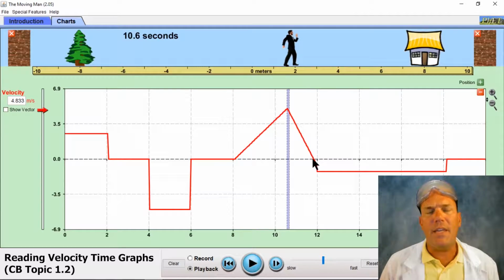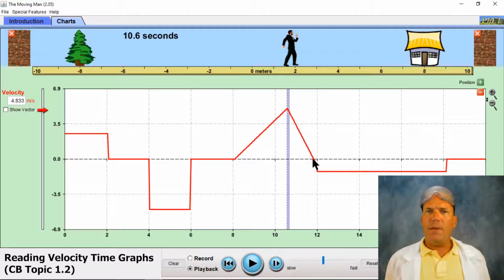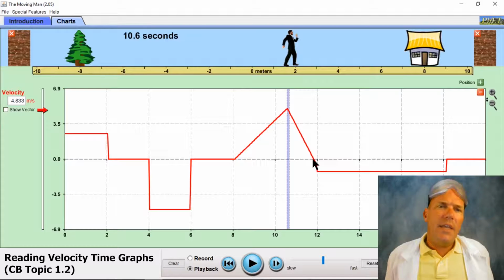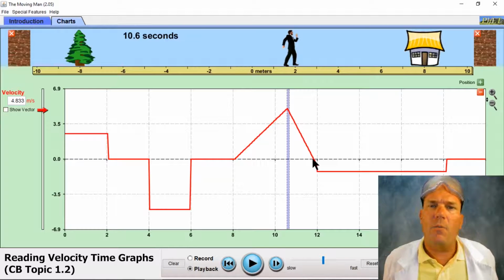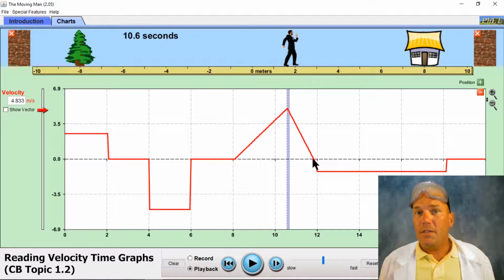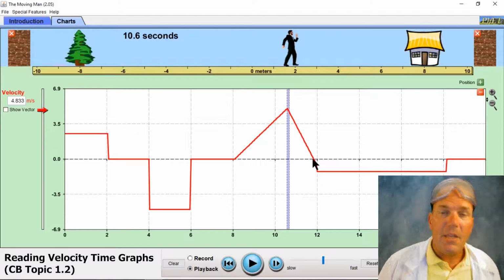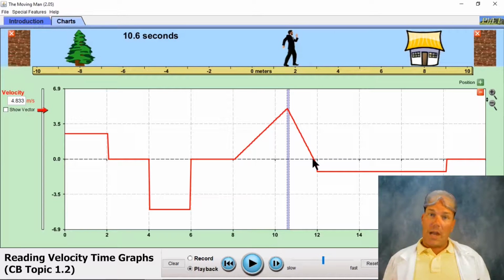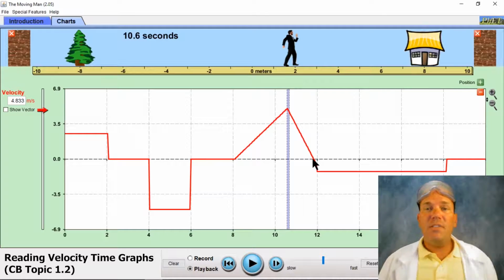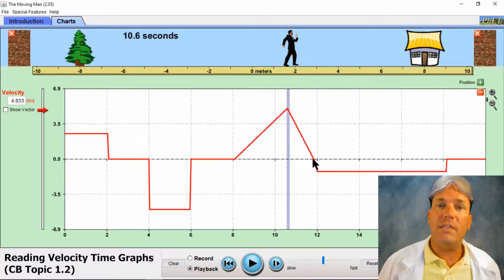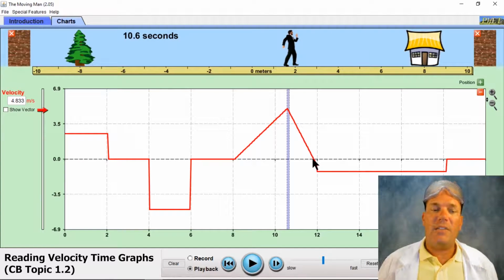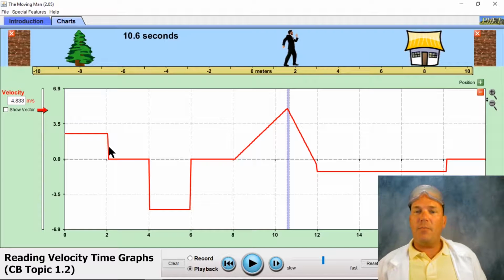You're probably thinking, well, there's a negative slope there. When we looked at position time graphs, the negative slope indicated the man was moving backwards. That's correct on a position time graph, but on a velocity time graph, the object is moving in the opposite direction only once it has crossed the horizontal axis, like we saw in segment 3.